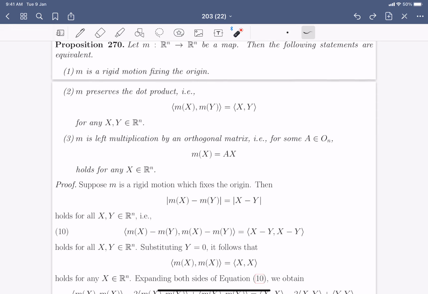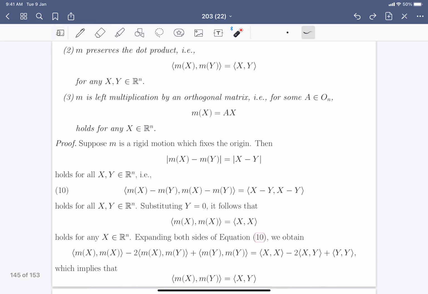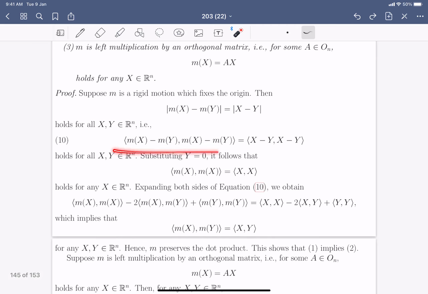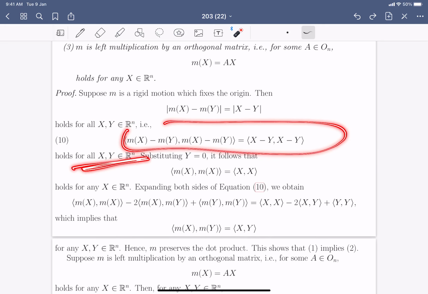Let's first assume that the very first condition holds, that M is a rigid motion fixing the origin. Then of course we know that these two quantities are the same, because M preserves distance. So this condition holds for all x, y inside Rn.